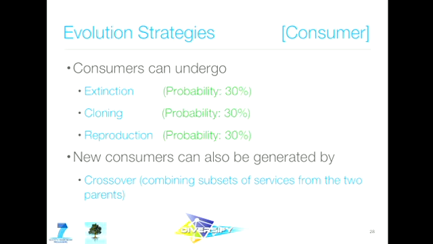For consumers, you again have the same probabilities: you can go extinct, clone yourself, or reproduce. When you reproduce, there's another consumer that gets a subset of the services that the two parents require, combined into a whole new consumer.